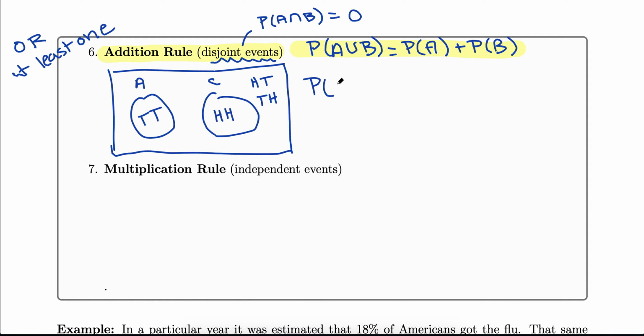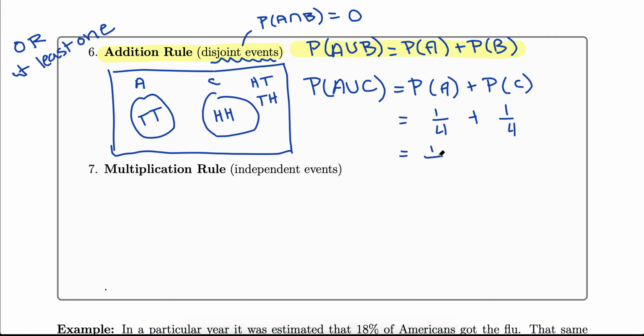So probability of A or C is the probability of A plus the probability of C. I don't need to worry about subtracting any overlap from double counting. So A had 1 out of the 4 outcomes. C had 1 out of the 4 outcomes. So we get 1/2, which makes sense. A and C together have 2 out of the 4 outcomes.